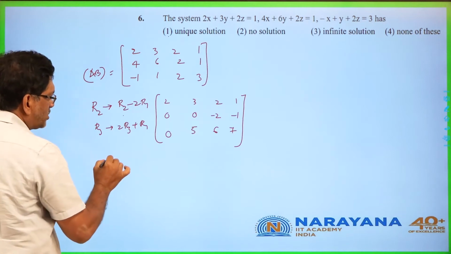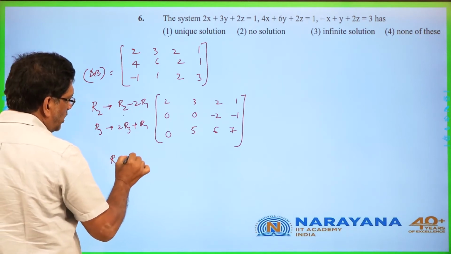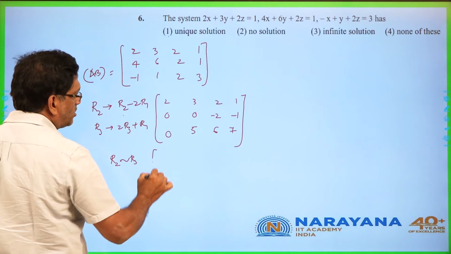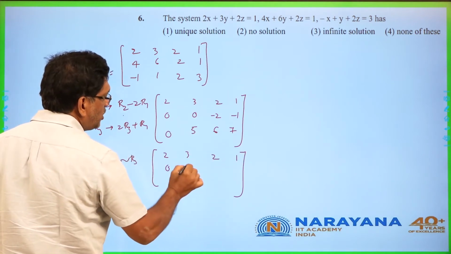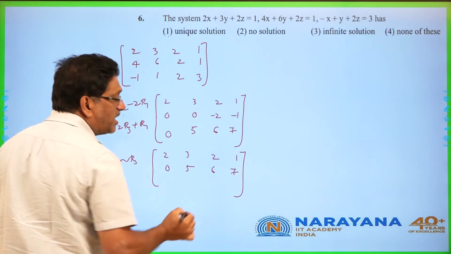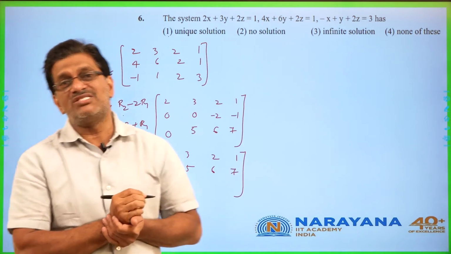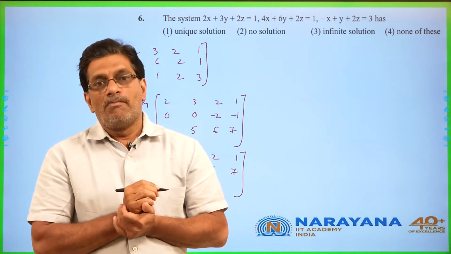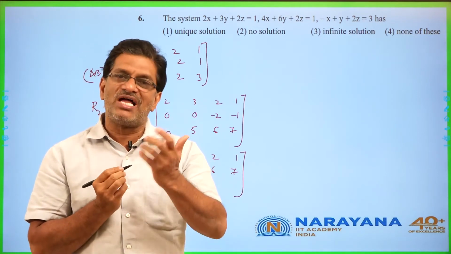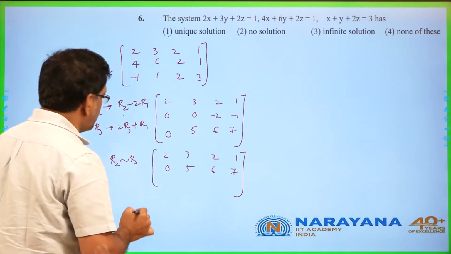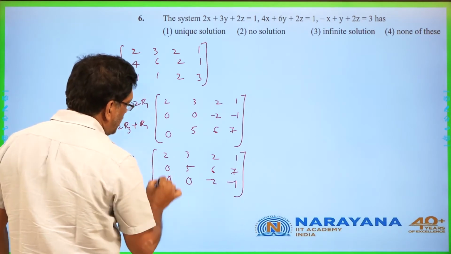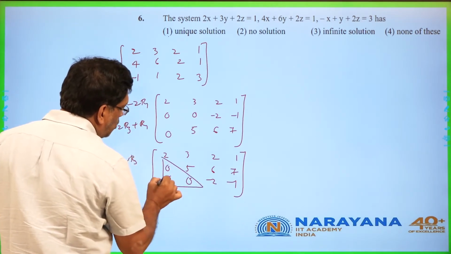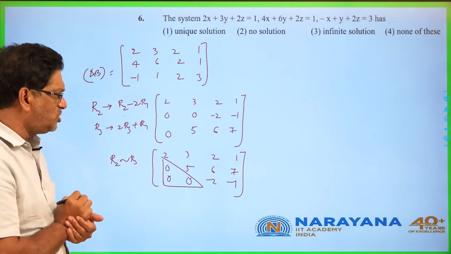So we can interchange R2 and R3. 2, 3, 2, 1, 0, 5. Remember, it is the same as solving the equations by interchanging. By interchanging two equations, the solution will not change. So you can interchange. So 0, 0, minus 2, minus 1. Clearly lower triangular elements are 0.